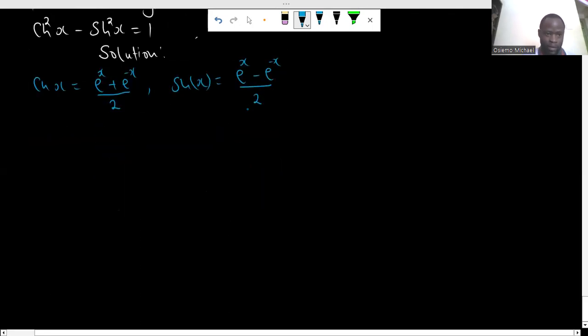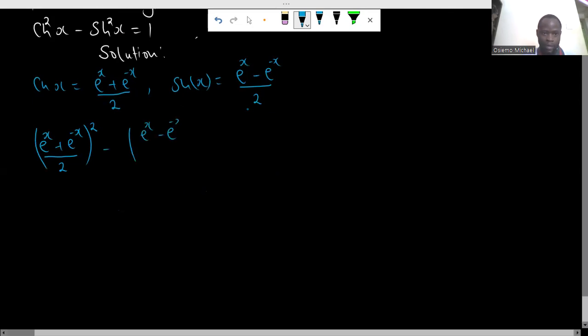exponential x plus exponential negative x over 2, squared, minus exponential x minus exponential negative x over 2, squared. This is what you need to prove to show that it will be equal to 1.